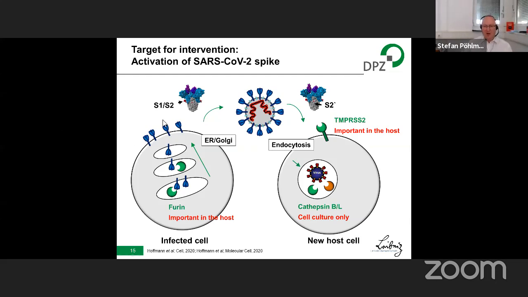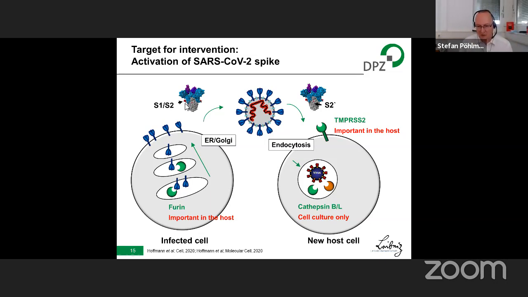In terms of activation, we looked at this process in some detail, and basically all our findings are summarized in that slide. We obtained evidence that proteolytic activation of the SARS-CoV-2 spike protein requires 2 cleavage events. First, the spike protein needs to be cleaved by the host cell protease furin in infected cells, and cleavage occurs during transport of the spike through the constitutive secretory pathway, and it occurs at the S1/S2 site.